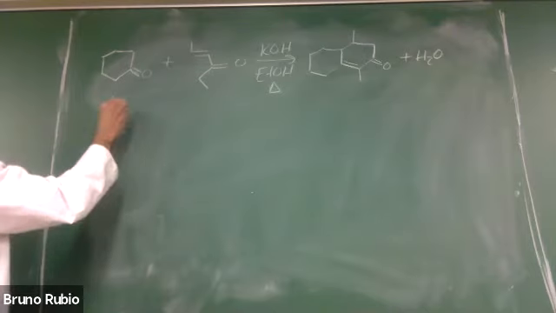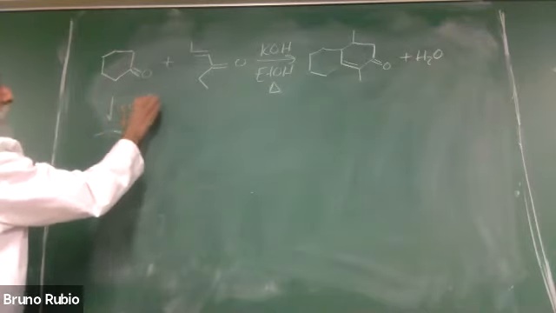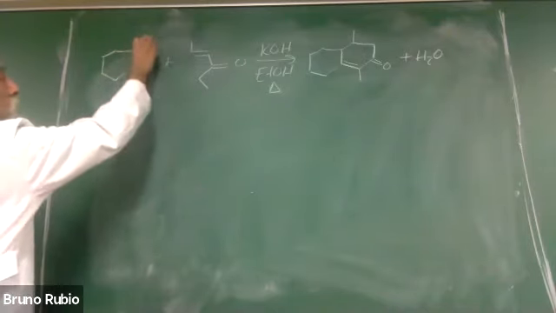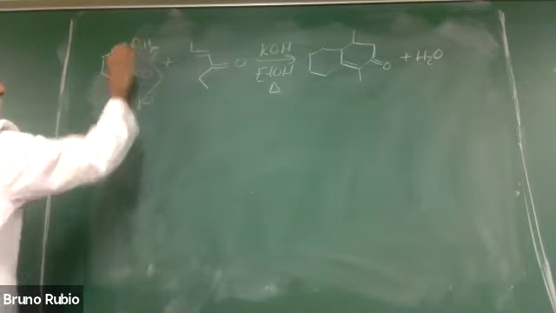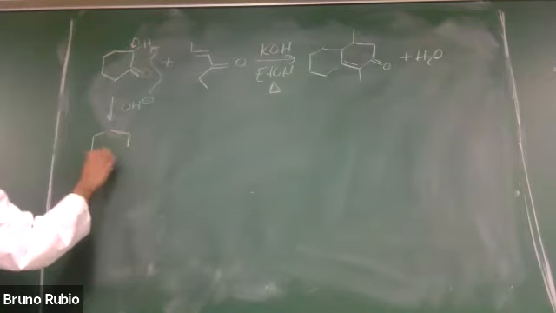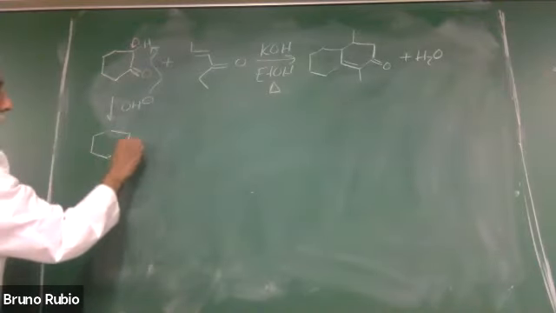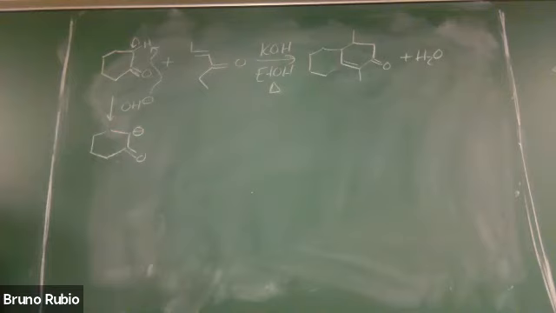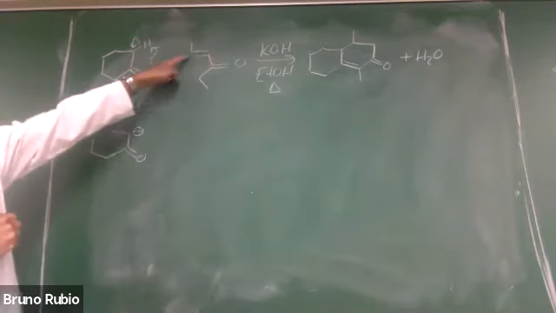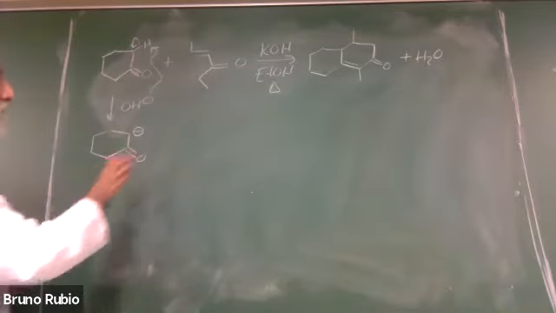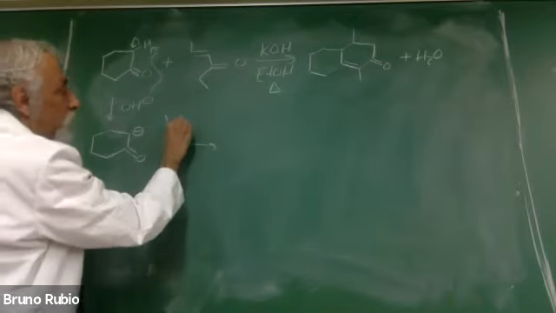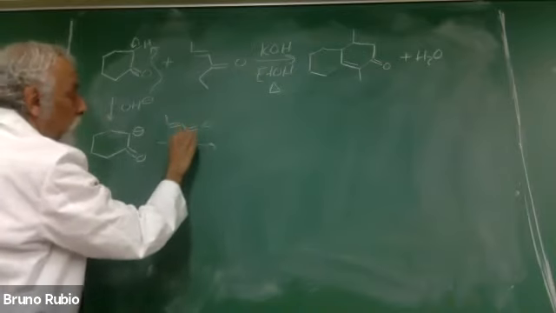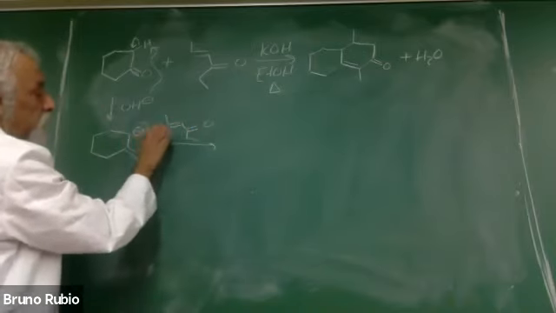So first step, OH minus comes in, removes the alpha proton. It's going to remove this one. There's my enolate. And now the enolate attacks the beta carbon of the alpha beta unsaturated carbonyl. That's the Michael stage of this reaction.